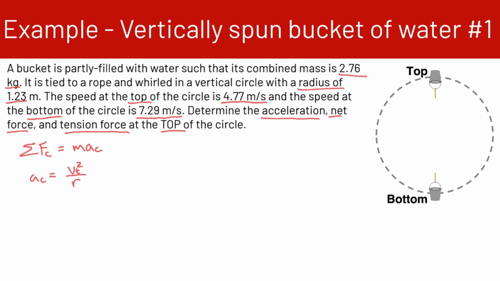So we can figure out the acceleration first off. So let's look at our acceleration. We have our velocity at the top of the circle is 4.77 meters per second. So our acceleration is going to be 4.77 meters per second, squared, divided by the radius of the circle, which is 1.23 meters.